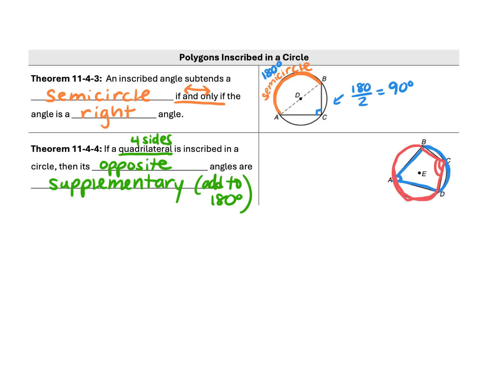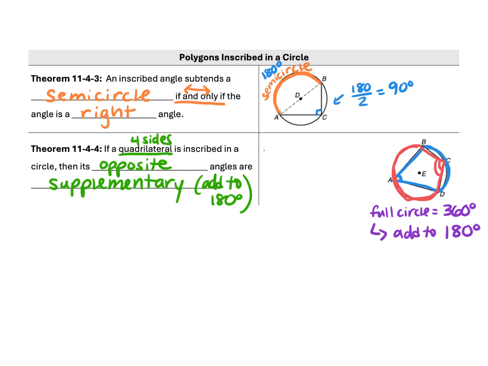Notice that the two arcs together, the blue one and the red one, really just make the full circle. And a full circle is 360 degrees. The inscribed angle will always be half the arc. So that means that they have to add to half of 360, 180.